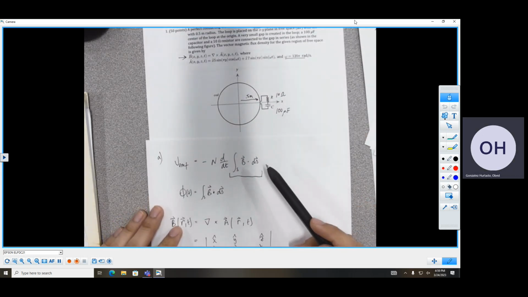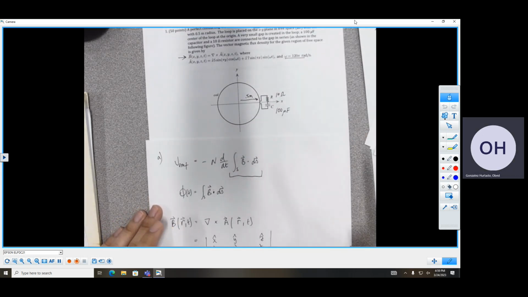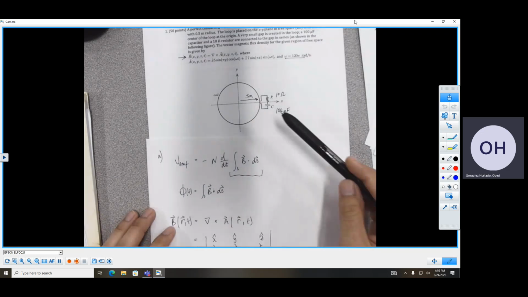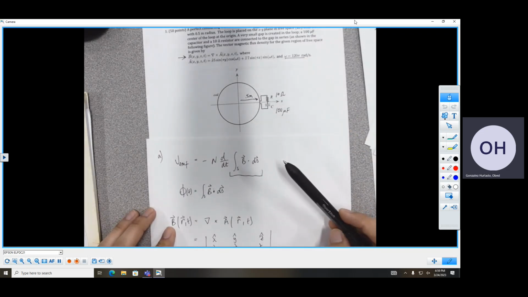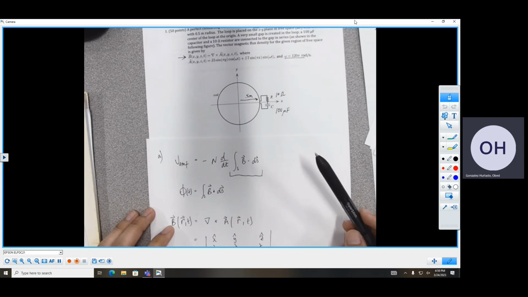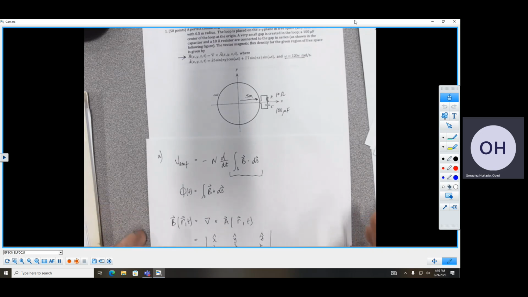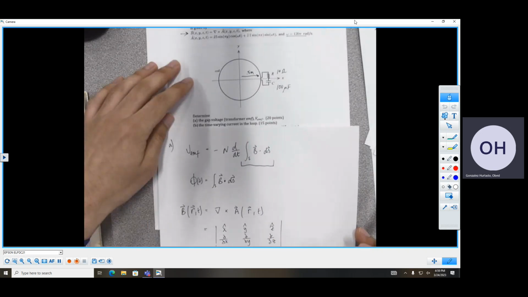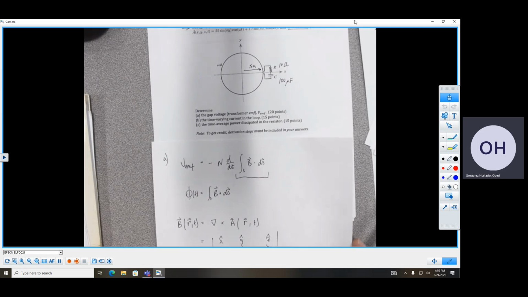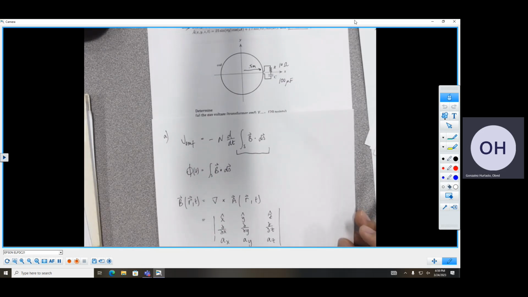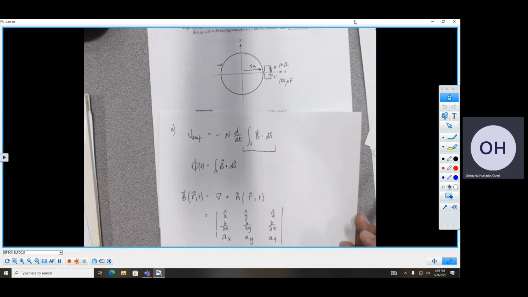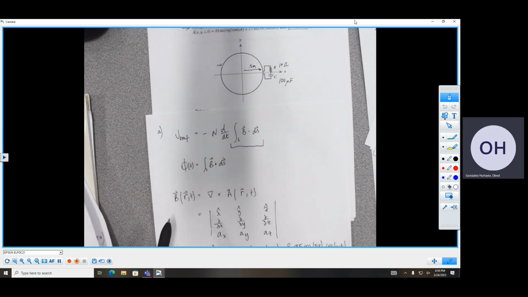But if you want to make your life hard, you could do dx dy and then just find how to parameterize the circle. So it's all up to you. I would study up on taking integrals, more on parameterization.